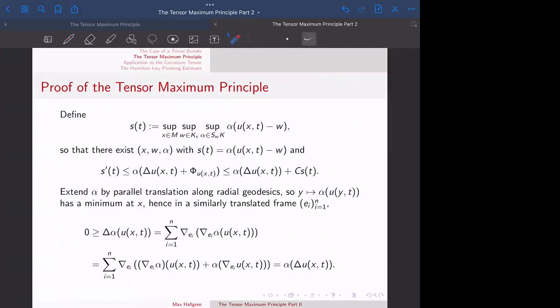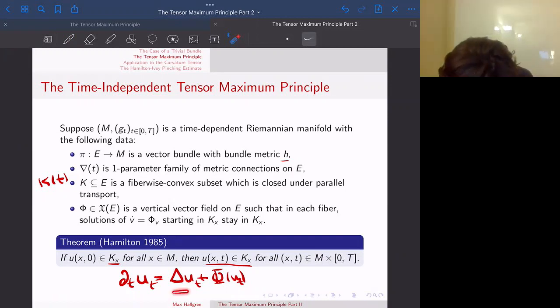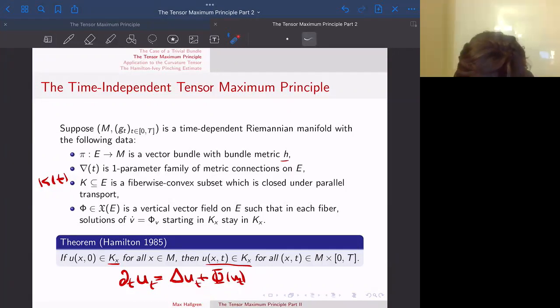Sorry, Max. Could I ask a quick question? Where do you need the metric on your manifold? In order to make sense of this Laplacian. Oh yeah. Is that the only place? Yeah, maybe that's the only place where it comes up.